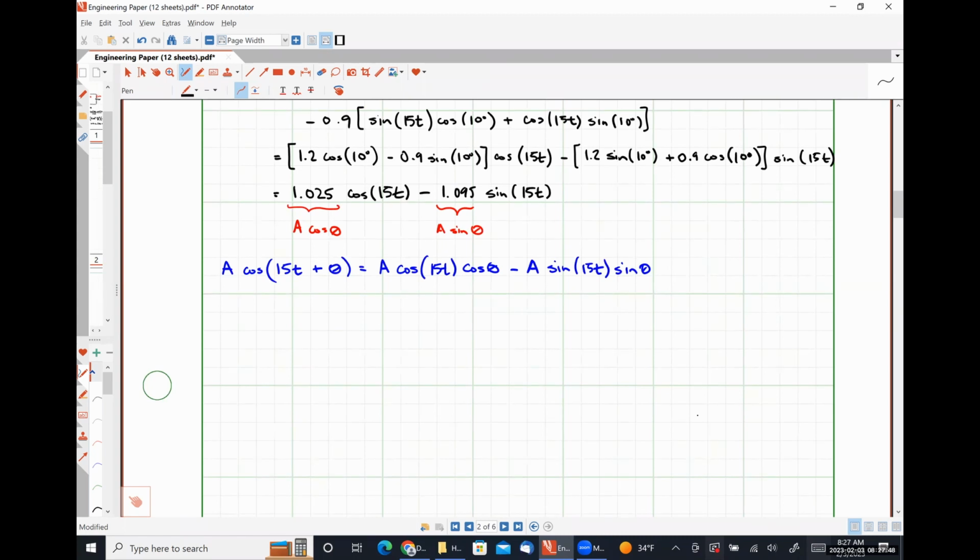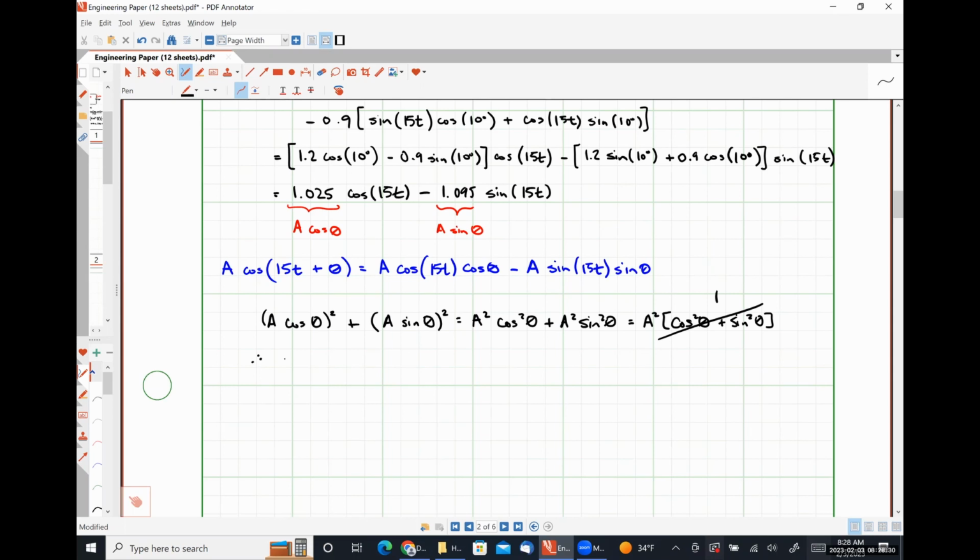So, how do I figure out what A is, the amplitude of my resultant thing? So, A cosine theta squared plus A sine theta squared is equal to A squared cosine squared theta plus A squared sine squared theta, which is A squared times cosine squared theta plus sine squared theta, which we know is simply 1.